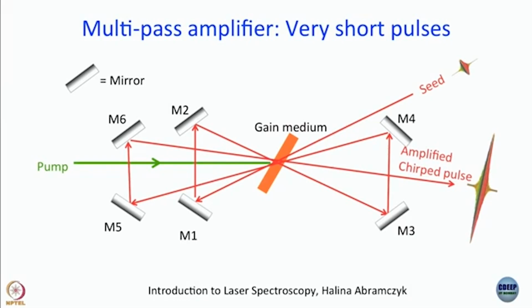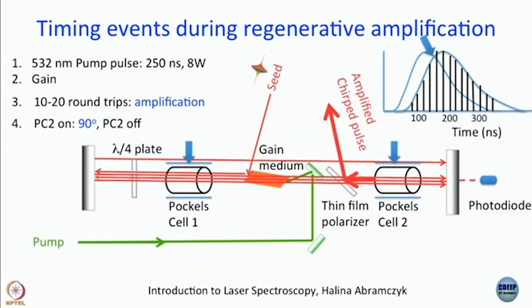No extra EOM or anything is used, so the pulses can remain short, but the energy that you get per pulse, the extent of amplification, is not as much as one can get using a regenerative amplifier.